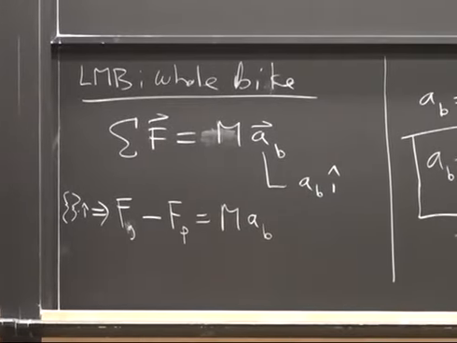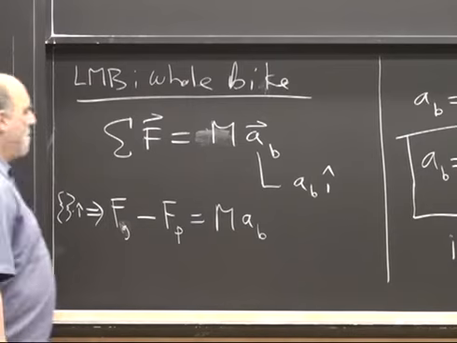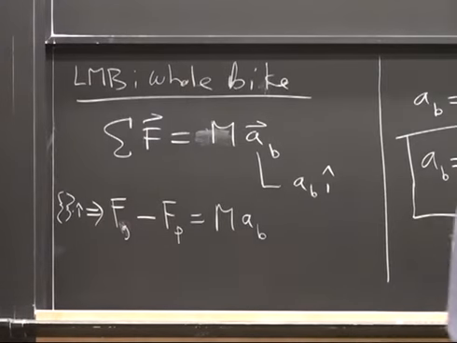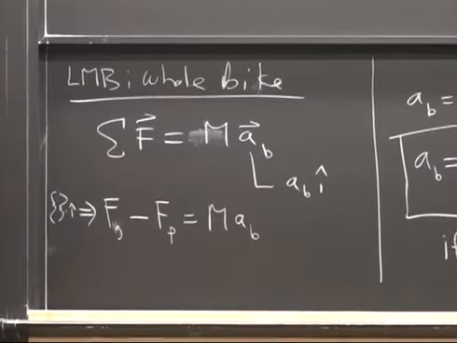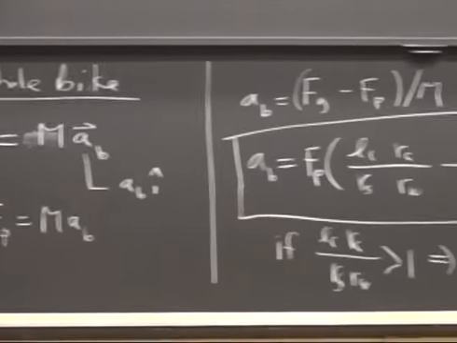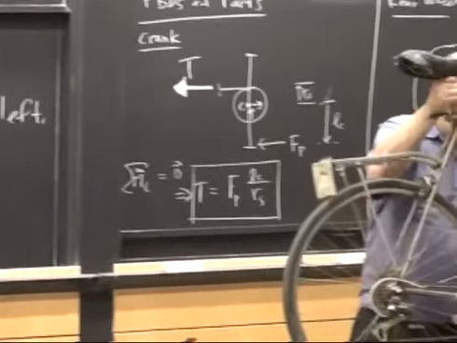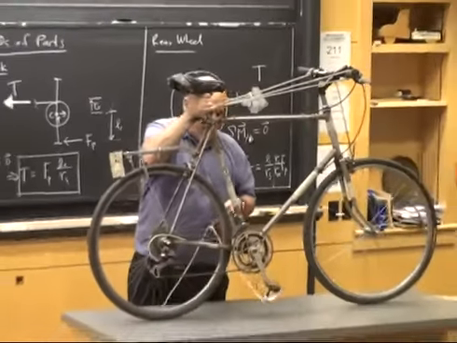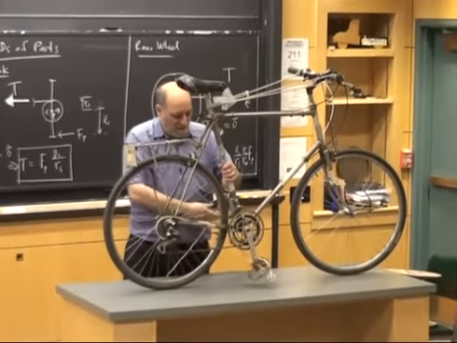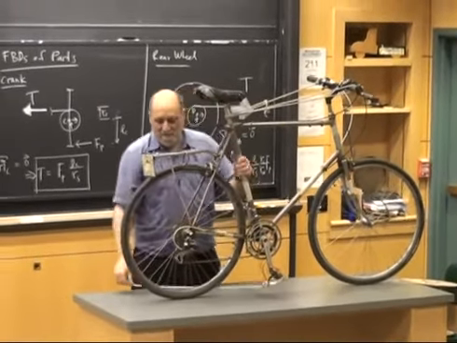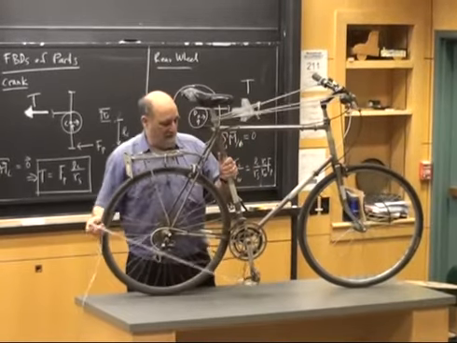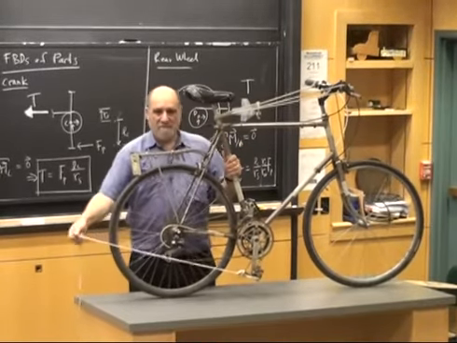Yes? If the quantity is greater than 1, the bike moves with that. Yeah, so if that quantity is bigger than 1, that corresponds to what's called a low gear ratio. Low gear ratio means that there's lots of pedal motion for little wheel motion, and the bike would go forwards.